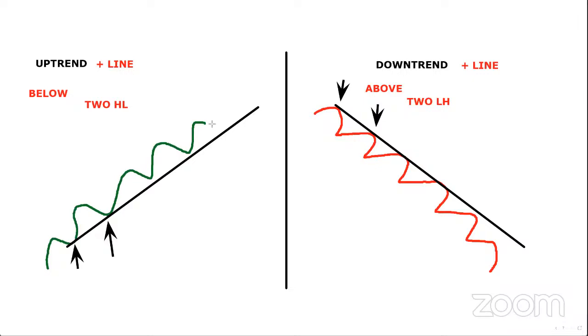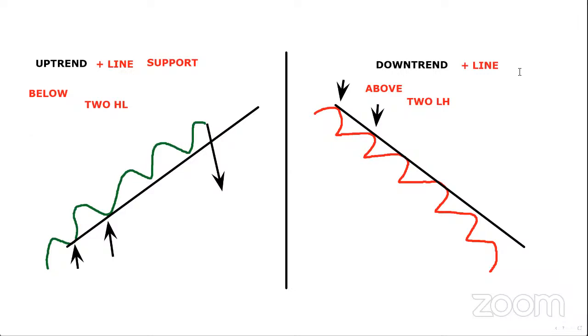That's it. So just look at this. The market goes below this level, it is broken. The uptrend line, its nature is support. It has the support nature.